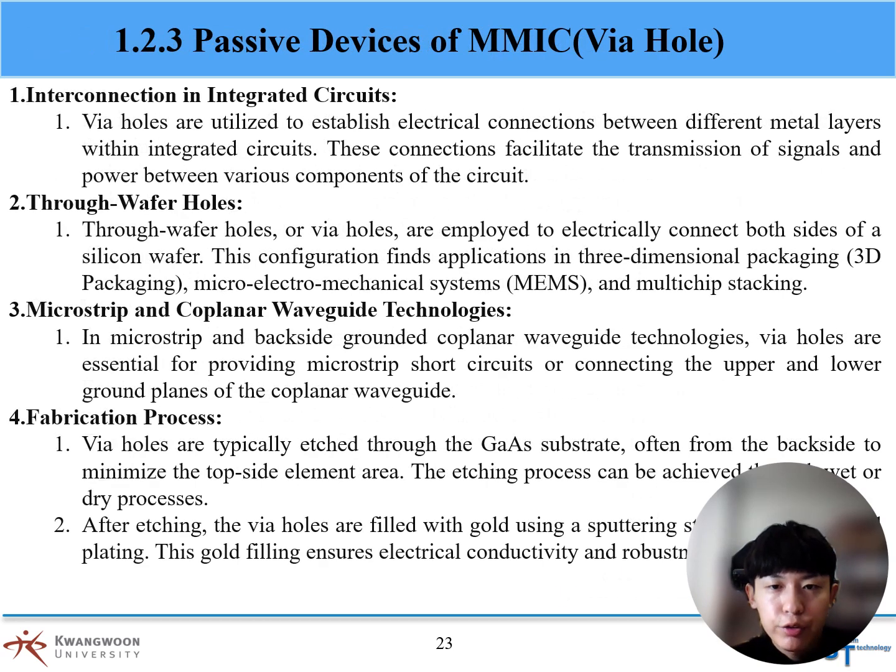This part introduces the via hole. The via holes are utilized to establish electrical connections between different metal layers within integrated circuits. These connections facilitate the transmission of signals and power between various components of the circuit. Through-wafer holes or via holes are employed to electrically connect both sides of a silicon wafer.